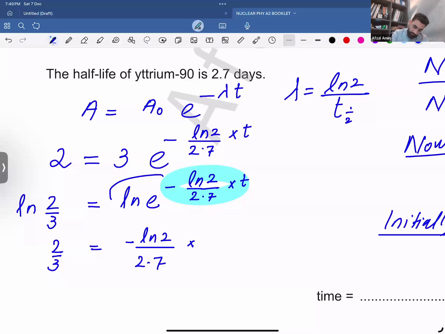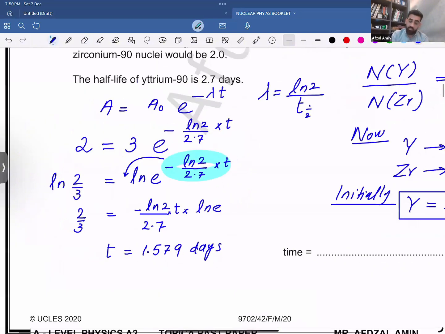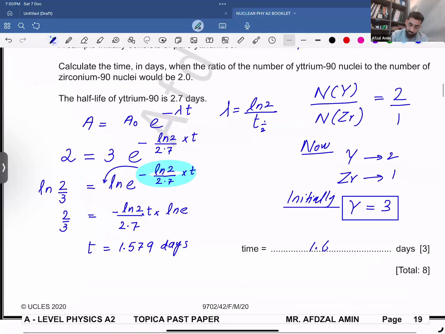So it comes down after taking log, so it will be ln e. You all know ln e is 1. Please solve this equation. Time how much? 1.579 days. Now what unit do you need? You need days, so just write 1.6 days.